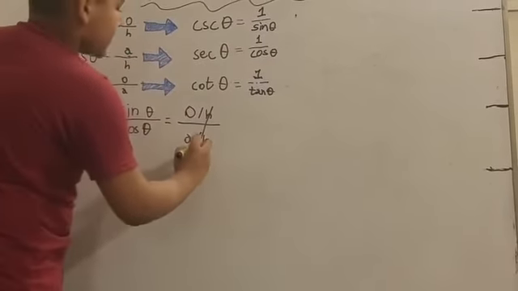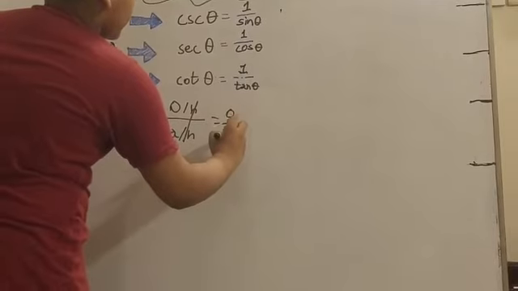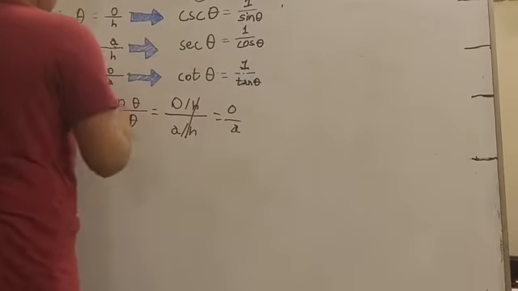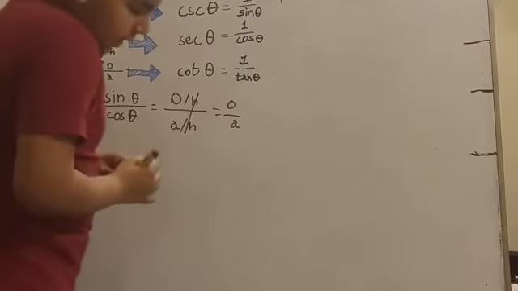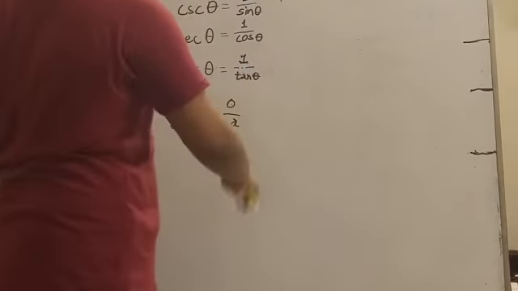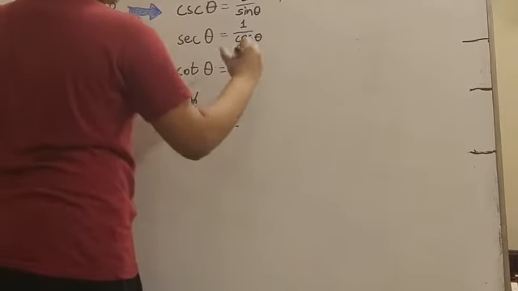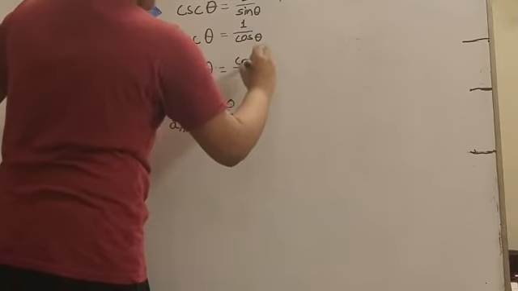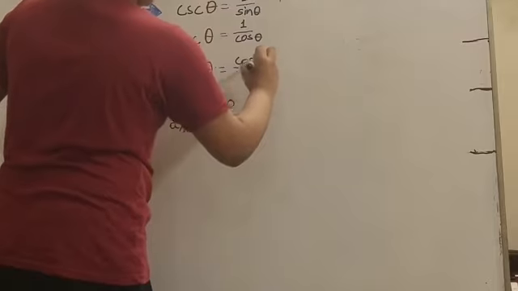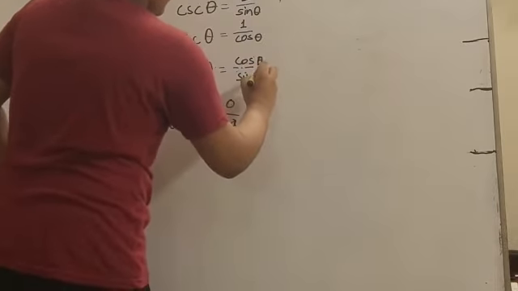The hypotenuses cancel, leaving opposite over adjacent, which is going to be tangent. So that also means that cotangent could be described as cosine of theta over sine of theta.